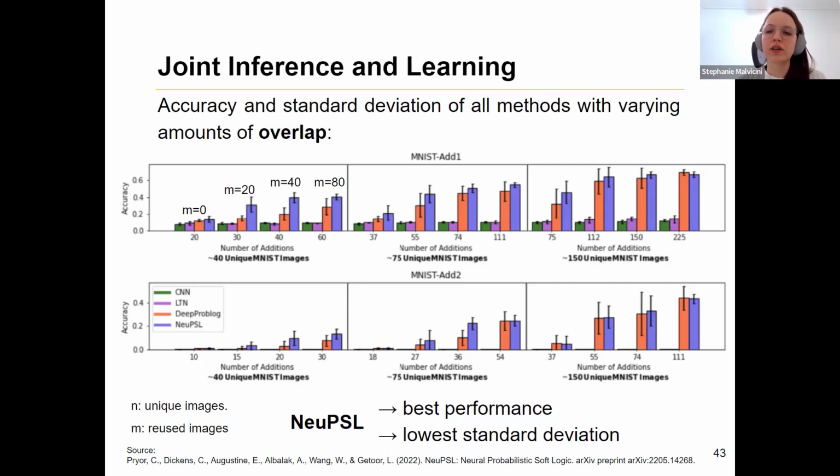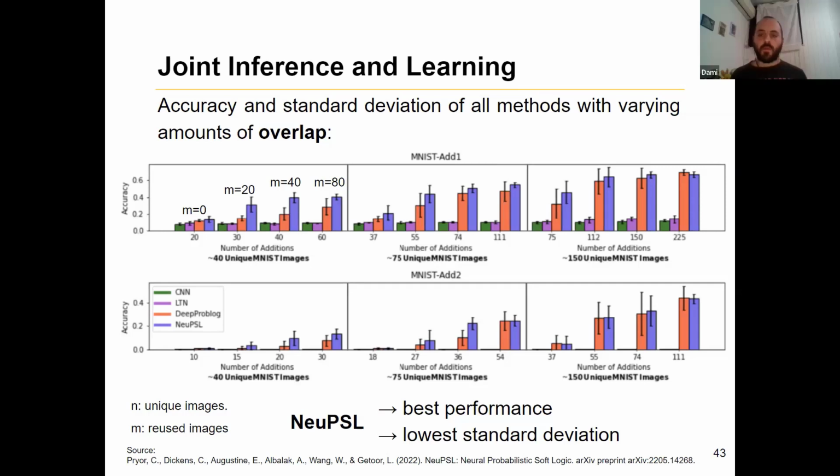So I guess they also have rules with probabilistic weights, and then somehow they use neural network results as predicates. But I'm not sure. I didn't have a look.